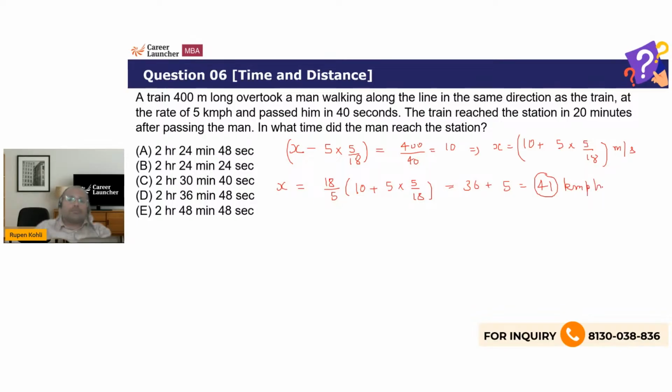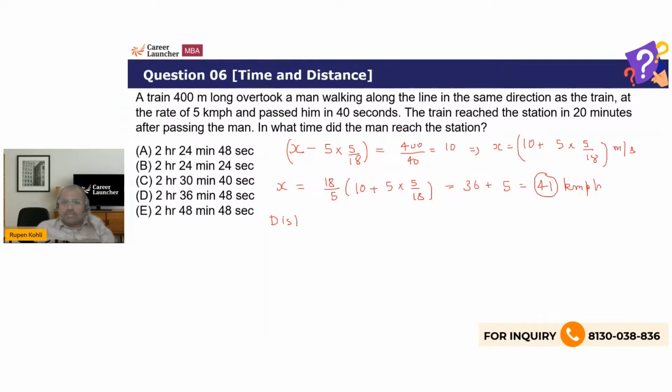Now, once the train has crossed, it takes 20 minutes, right? So what is the distance therefore? In 20 minutes, whatever distance the train has covered is the distance for the man to also cover, right?